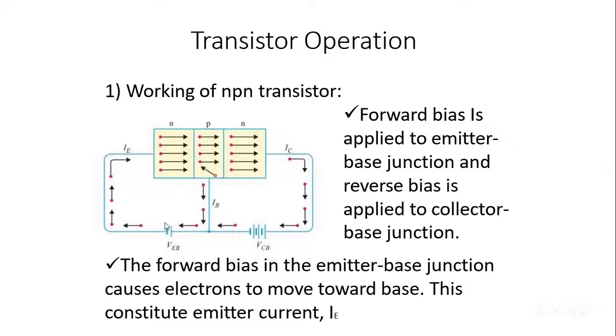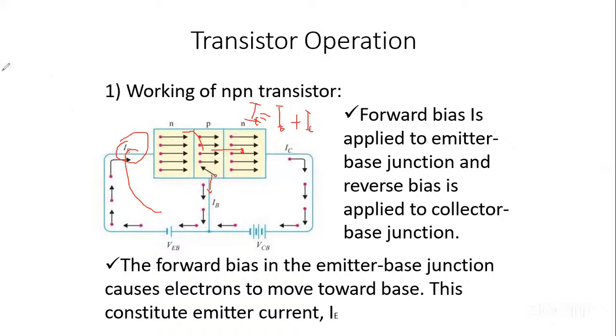So the current that flows through here, that is the input section. The current that is flowing in is IE. So IE gets into the base, part of the IE forms IB, and then the remaining crosses to the collector to form IC. So that gives us, by KCL, IE is equal to IB plus IC.